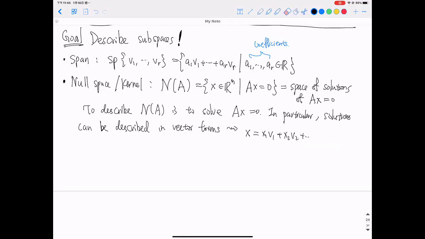And what is this? This is, again, telling you that the solutions, hence the null space, can be described as a span.